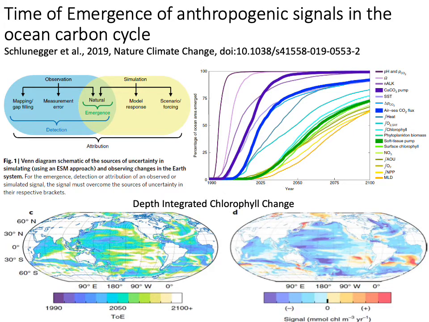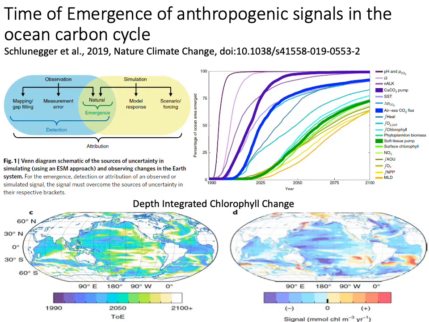And you see that pH and pCO2 emerge very quickly in the purple, but as we migrate through saturation state, alkalinity, the carbon pump, sea surface temperature, air-sea CO2 flux, phytoplankton biomass, nitrate, apparent oxygen utilization, down through productivity and mixed layer depth, the percentage of area that emerges becomes later and later over all of these in this sequential order.